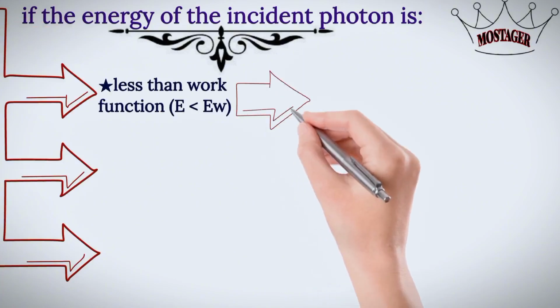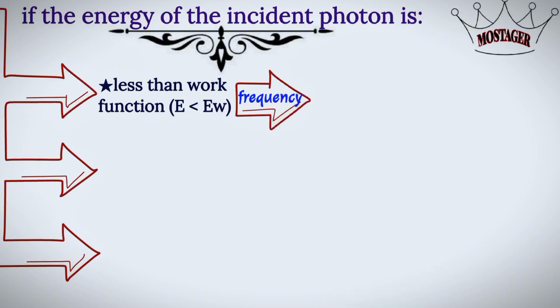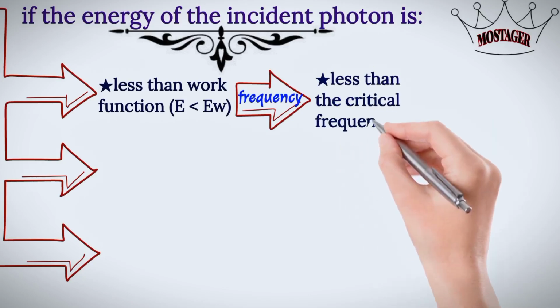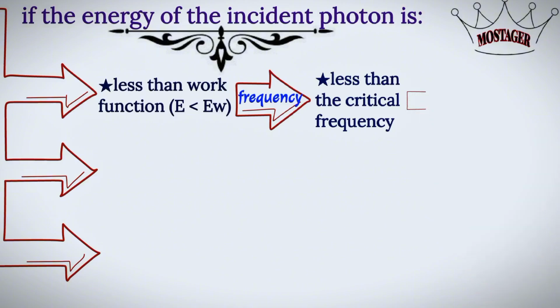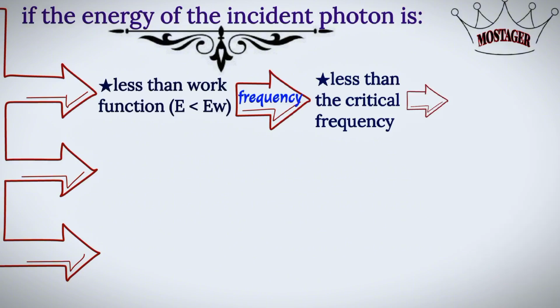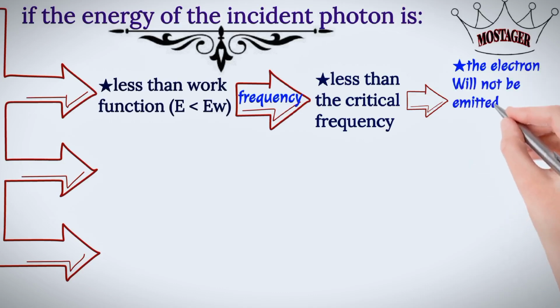In this case, the frequency of the incident photon on the metal is less than the critical frequency. We notice the electron will not be emitted at all, no matter how intense the incident light or the period of time of exposure on the surface.